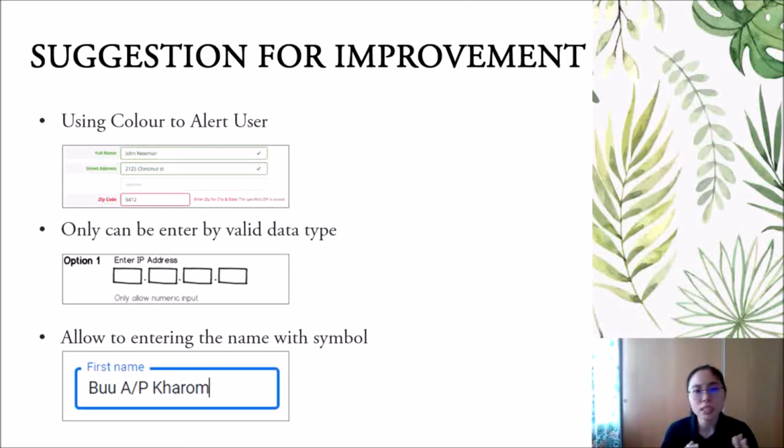Lastly, the name such as the student name should allow entering the name together with symbols, because different races have different names, such as Indian, whose names will contain a slash in the middle.